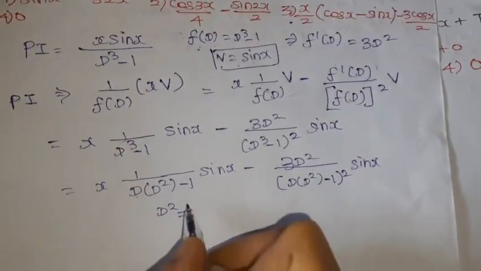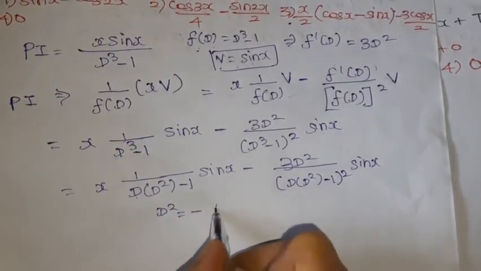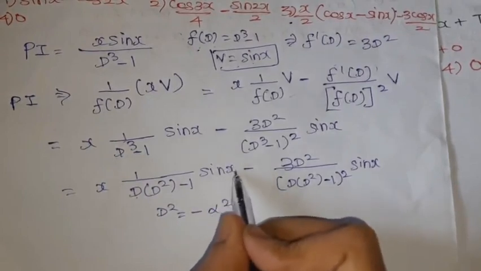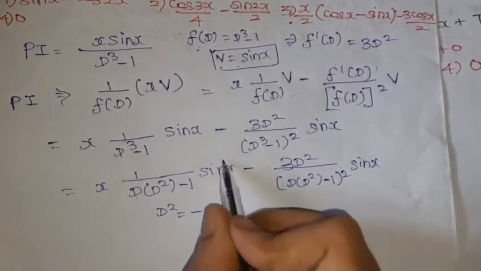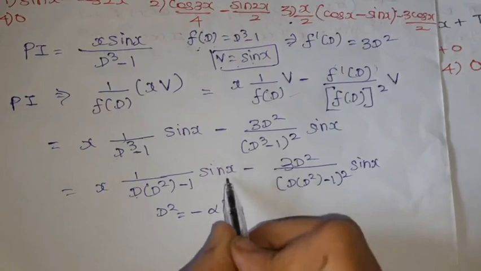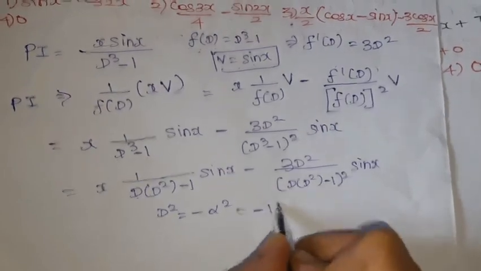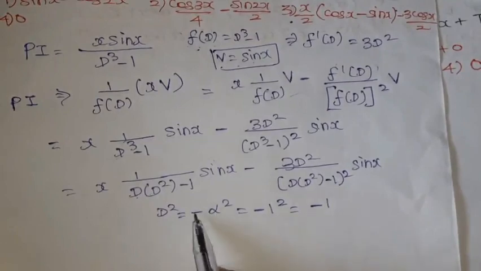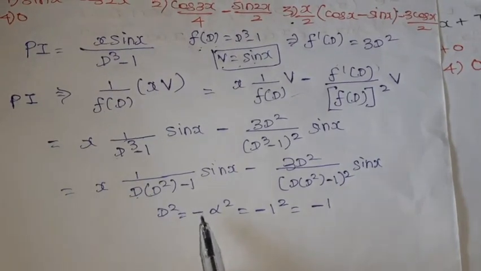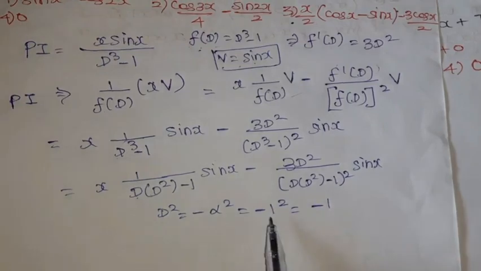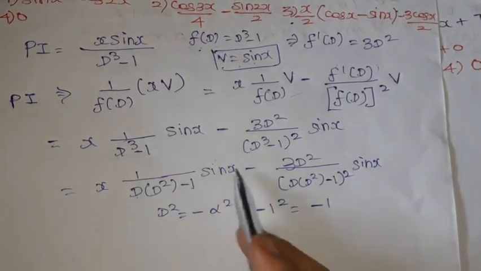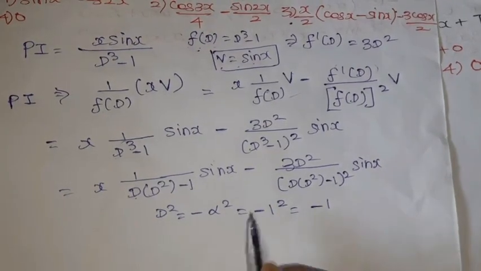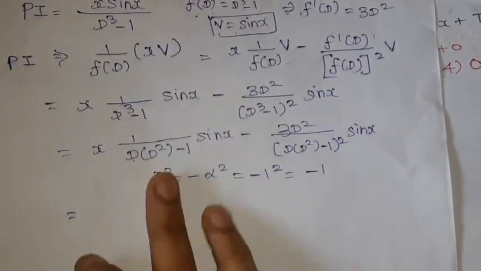Here, in place of alpha, 1, so minus alpha squared. Alpha is nothing but 1. So minus 1 squared, so minus 1. The square is only for the constant, not for the negative sign, so we should keep the negative sign as it is. So D squared equal to minus 1. Just substitute in that equation.